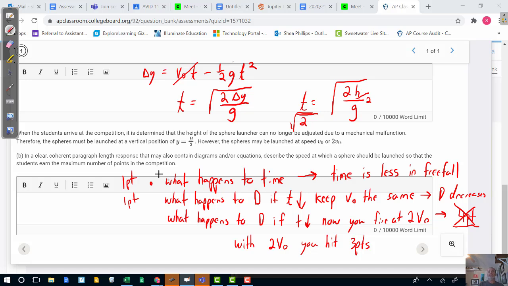But just note that you could have scored one of these points just by saying that it doesn't hit the 4 points. So there's actually a point here that you could score with just a quick statement that says no matter what, you will not hit 4 points.